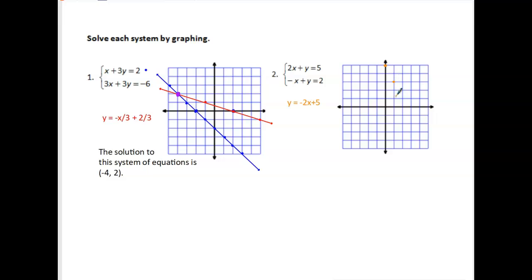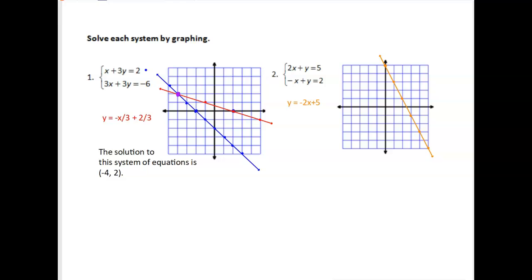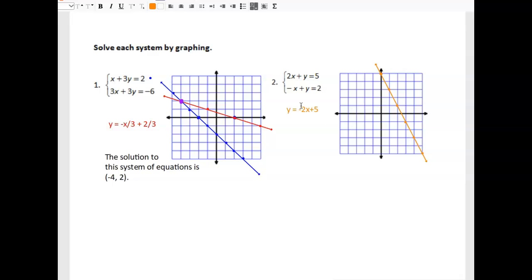So we're going to go down 2, right 1, down 2, right 1, down 2, right 1, and continue that pattern. Okay, and then let's also look at the second equation. So we get y equals x plus 2, by adding x over.